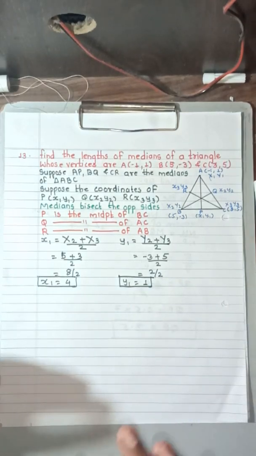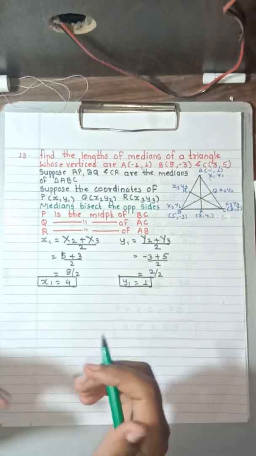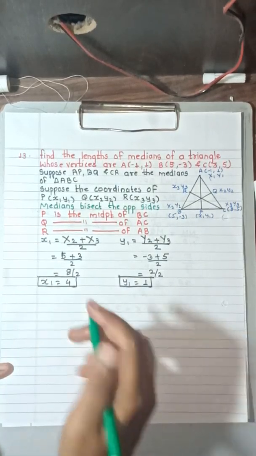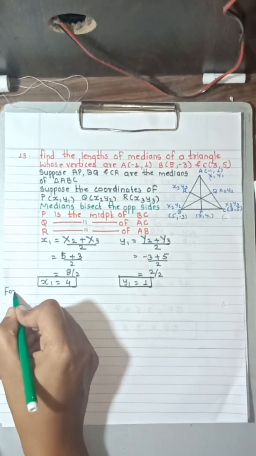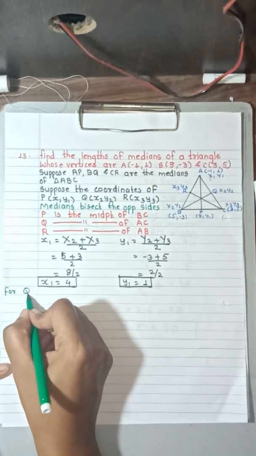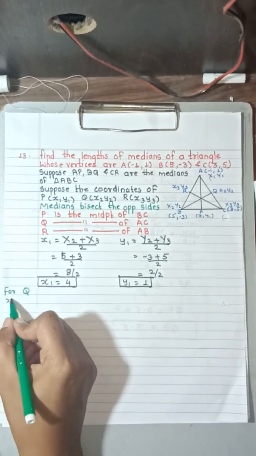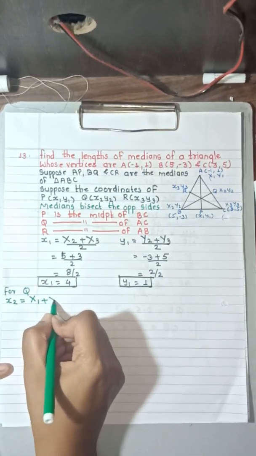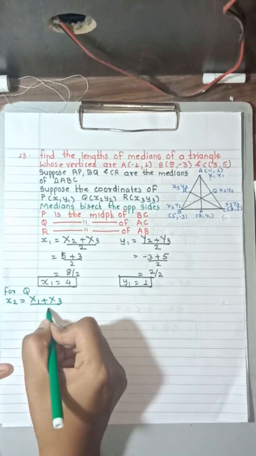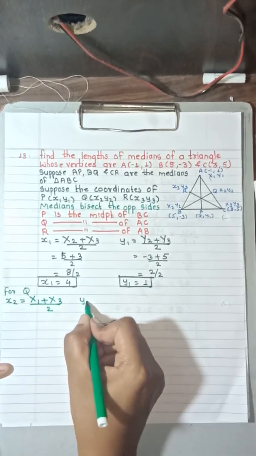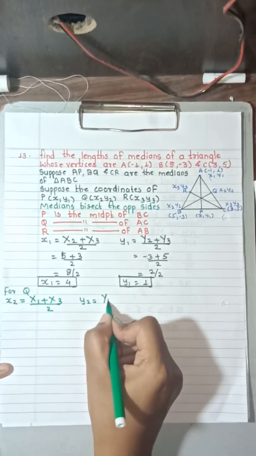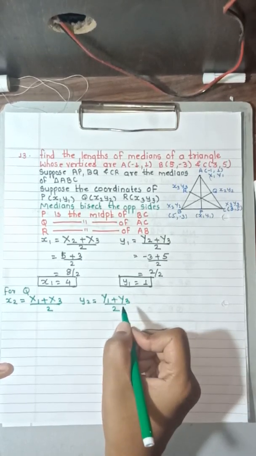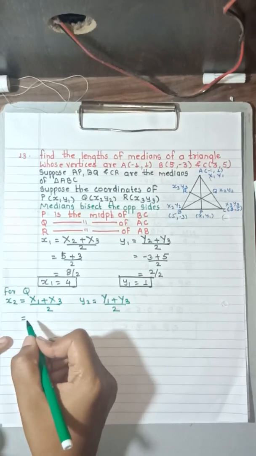Now for point Q, I'll just write down here. For Q, small x2 will be equal to X1 plus X3 upon 2, and small y2 will be equal to capital Y1 plus Y3 upon 2. Now here we'll put the value of X1.